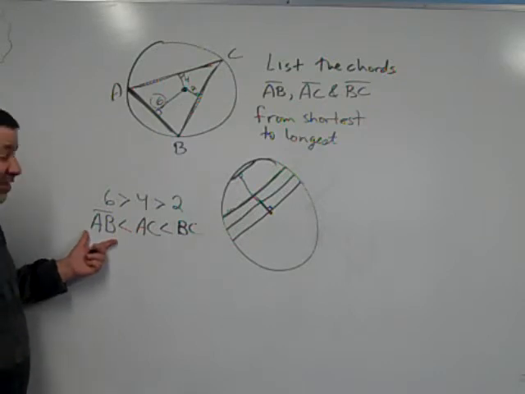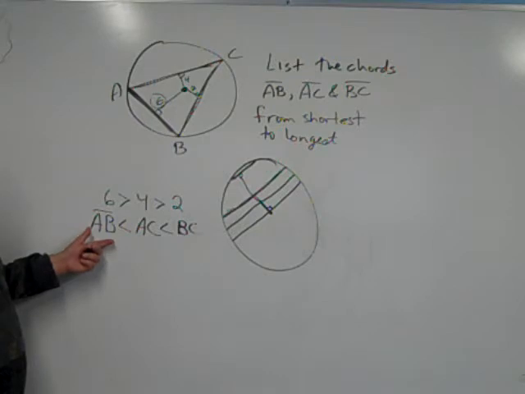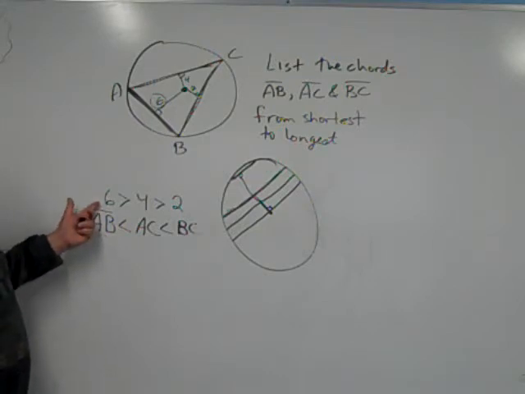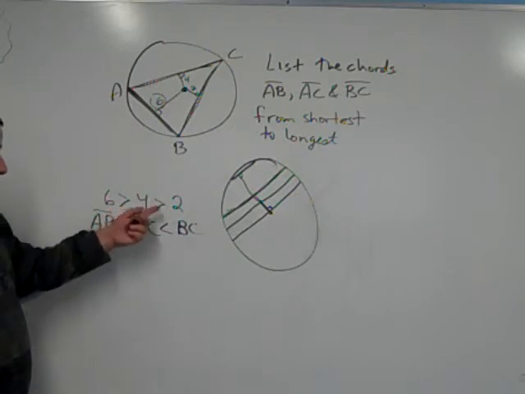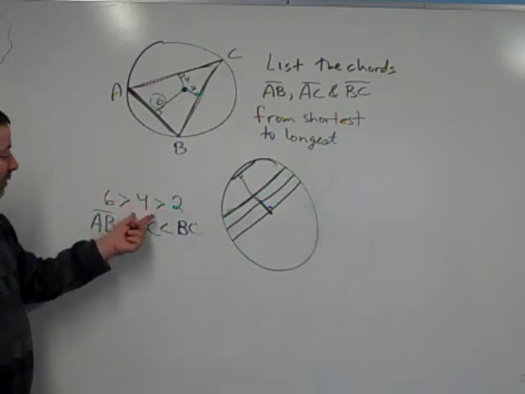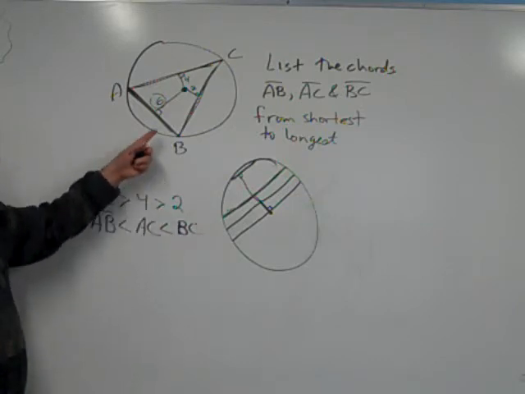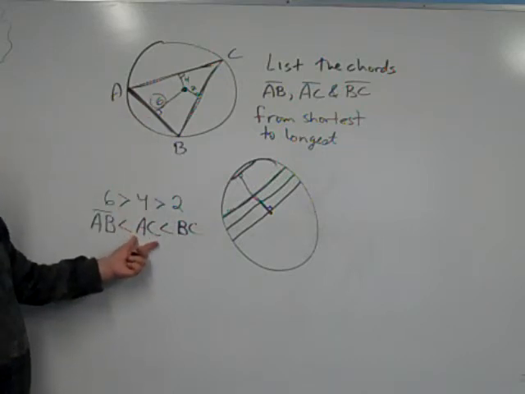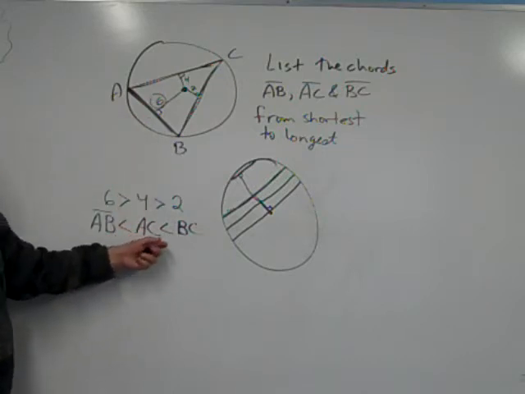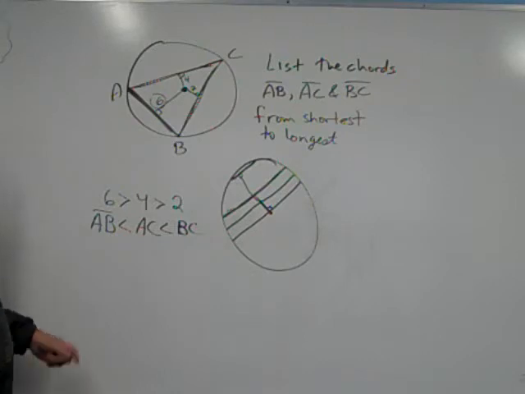This one was furthest from the center, which means it's the shortest. And it's the longest distance away. 6 is bigger than the other 2 numbers. Now the number in the middle, 4, that's the chord that was the middle distance away.